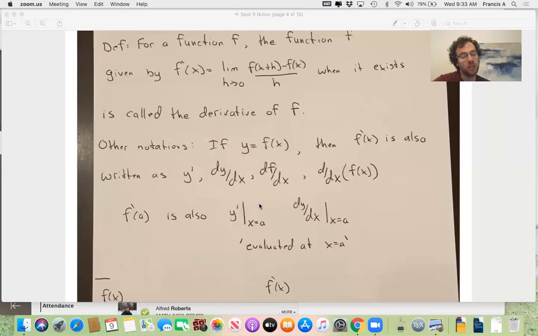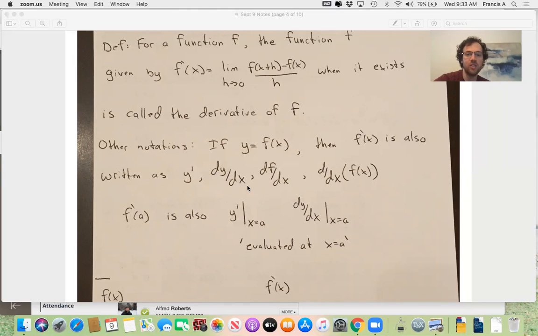A really different looking notation is this dy dx and df dx. The point of this is, well, first of all, it's not a fraction. You don't split these pieces up. It's just a single piece of notation, which is supposed to say delta, which is a Greek d, gets used for change in and often appears in the slope formula.